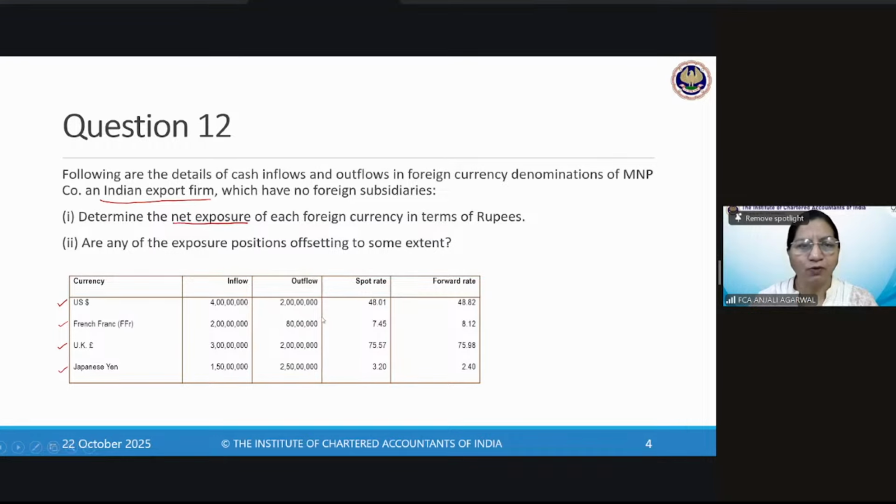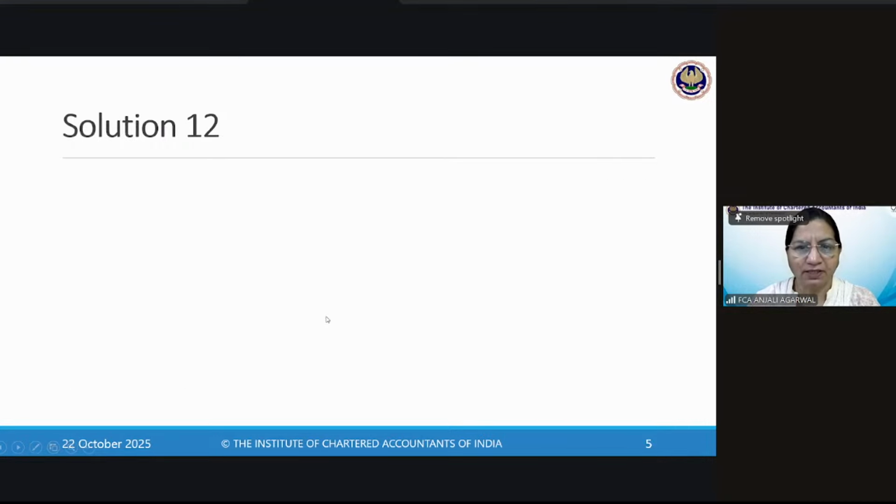Before I go ahead with this, let me tell you how we calculate the exposure. When we say net exposure, this is a concept which is netting. Netting means you have to see how much is the inflow versus how much is the outflow in a particular currency.